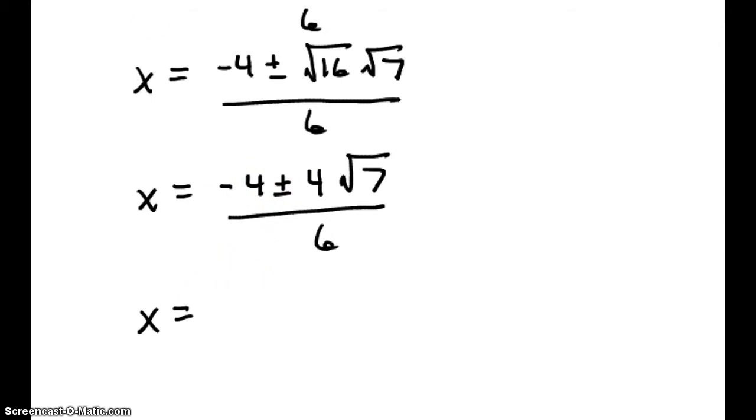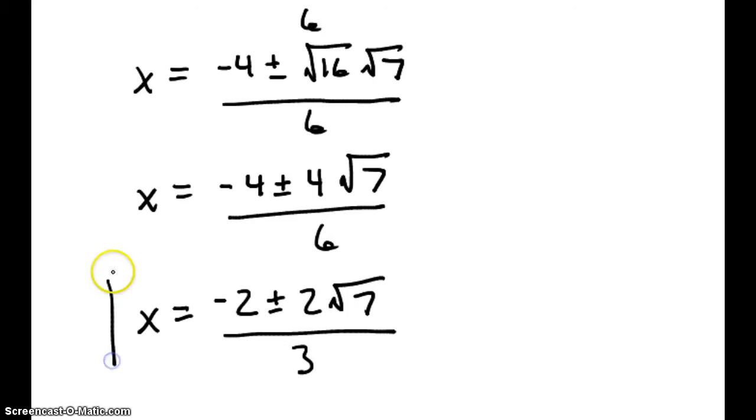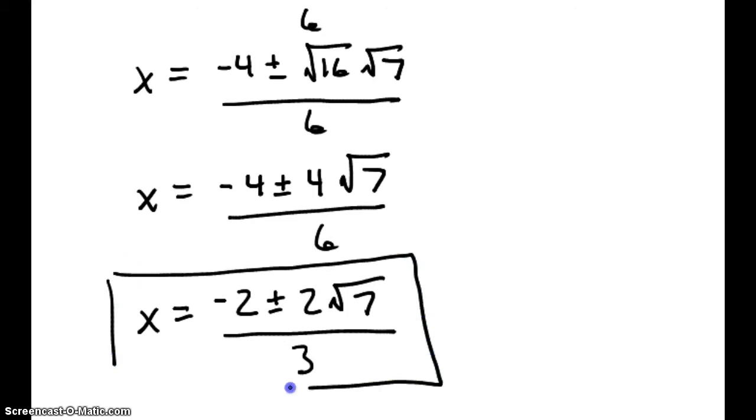So if I multiply this first one by 1/2, I get a negative 2 plus or minus, so I'm pulling out a 2 from each of these. Multiply this by 1/2 and I get 2 root 7, and then multiply 6 by 1/2 and I get 3. And this, finally, is my final answer.